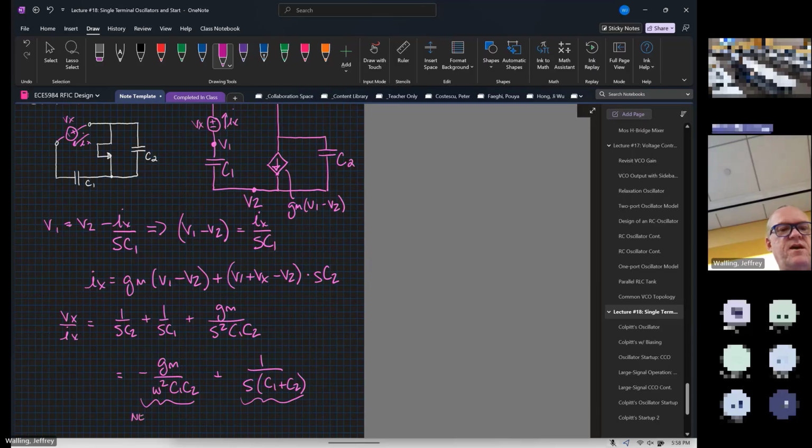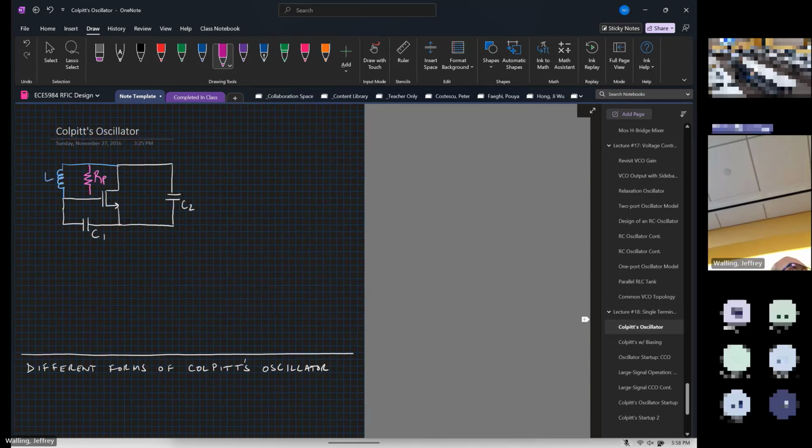So this is our negative R. This is the reactance of the active circuit. Now let's go back. We know that we're taking that equivalent circuit and we're going to put it across the inductor that we're adding.